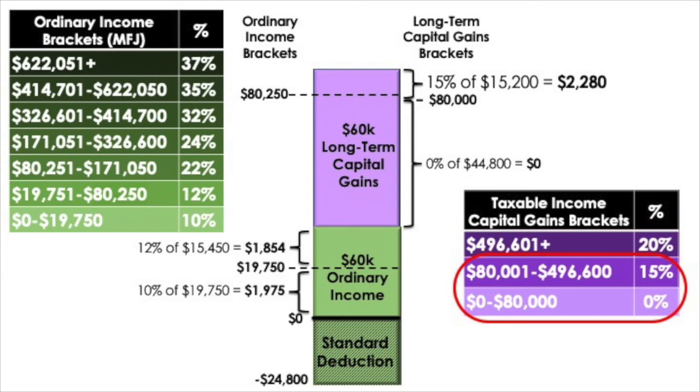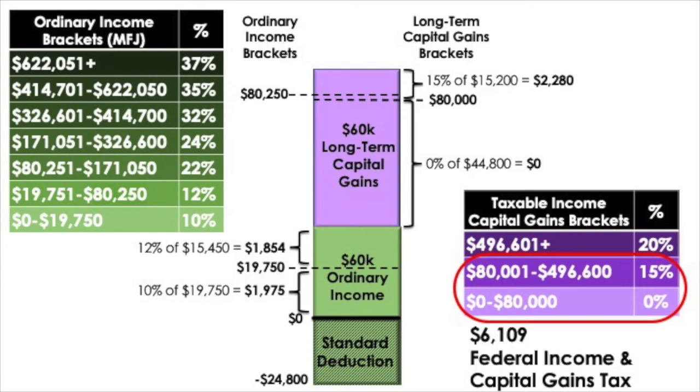If you add all of those together, you get a total tax of $6,109. So what we've just shown, though, is that having a combination of potential taxable income sources can theoretically give you some strategic opportunity to draw money from sources to manage your income taxes in retirement.